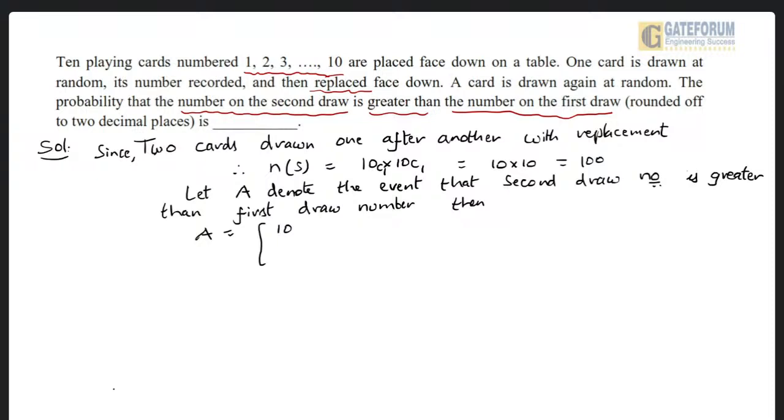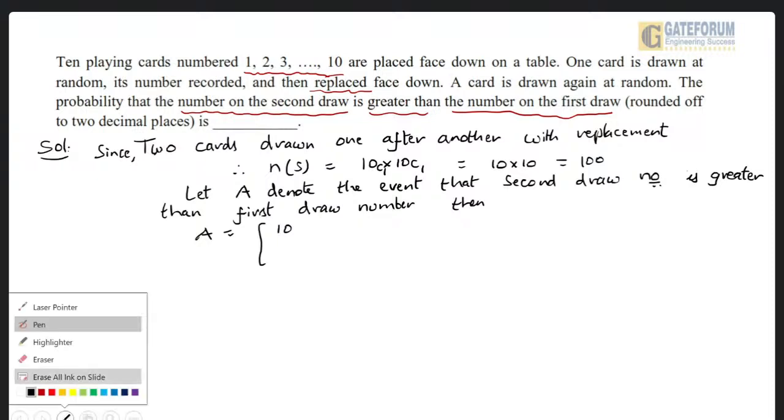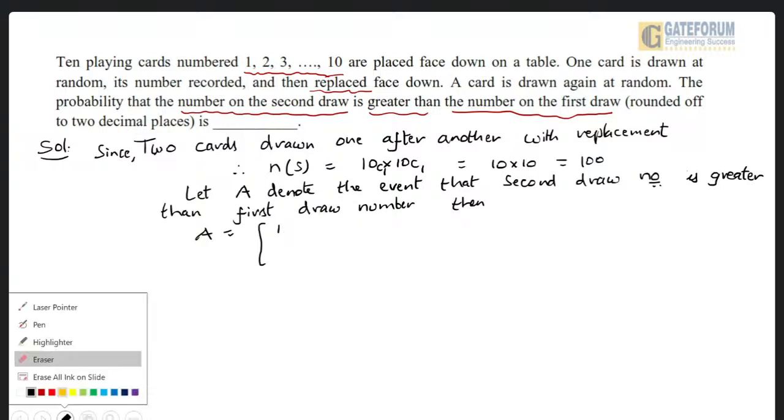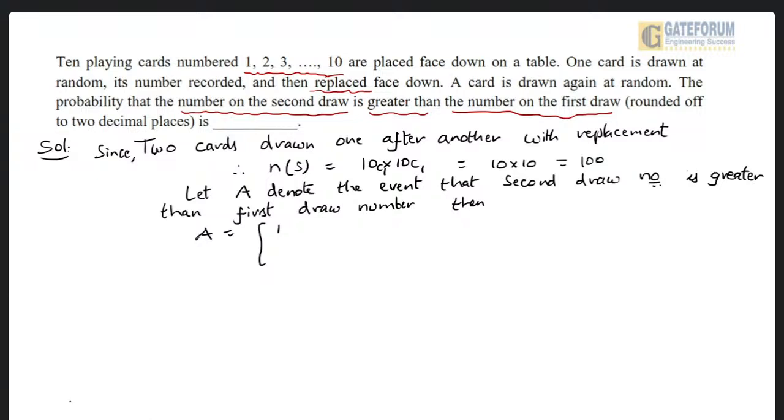You will not get 10 on the first draw, because the number on the second draw must be greater than the first draw. So (1,2), (1,3), and so on (1,10). These are 9 possible ways. First card is 1, second card is 2, 3, and so on to 10. Okay, so this is where the second draw is greater than the first draw.